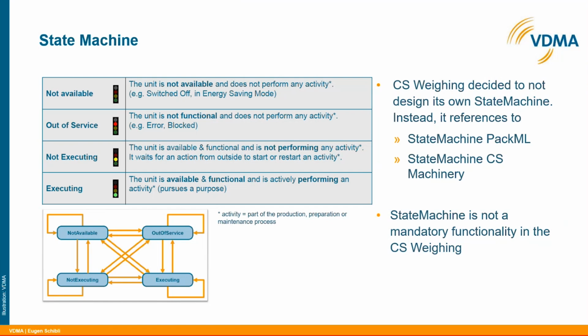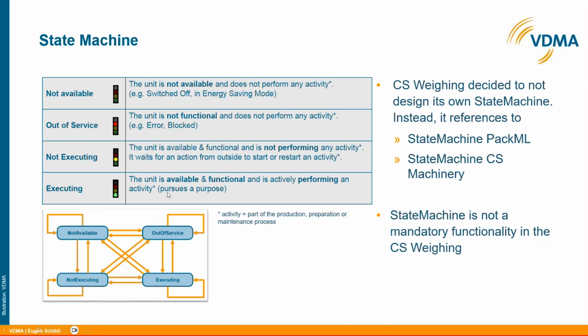So if you are a user and you use the PackML state machine in the context of weighing, you're on the safe side. There is no breaking change. We did not change from one state machine to the other. Both are still possible. And these are the pictures here.